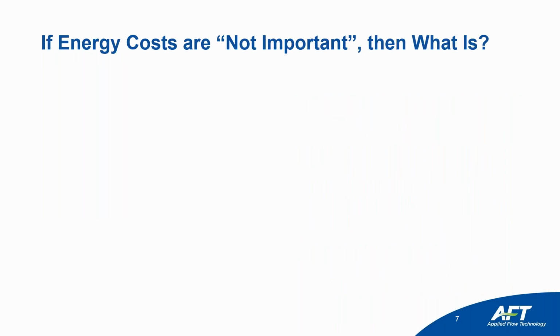So let's say that we ignored the energy costs themselves. What things are important to consider? Well, if we look past the energy savings, we want to focus on safety. If you have a reliable process that's working properly, you can know that it's going to have much better safety out there in the plant.